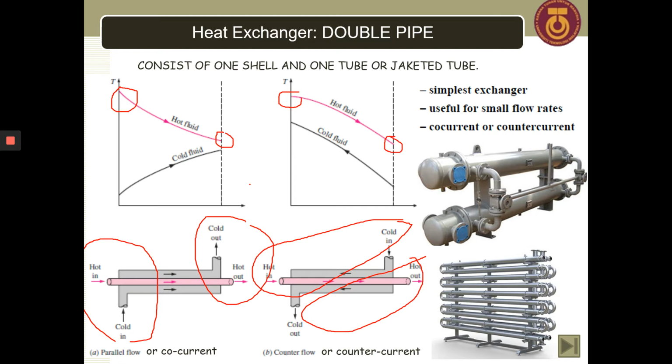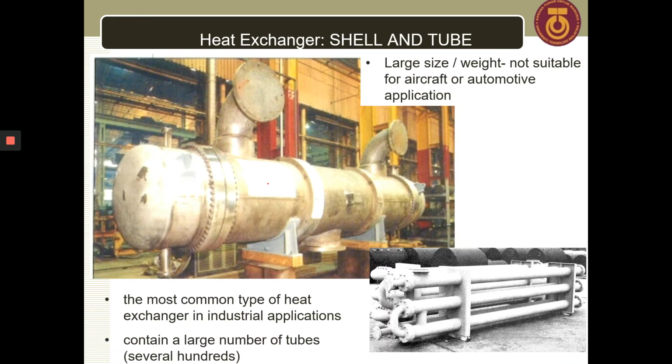It is also actually a shell and tube heat exchanger, and the more complex one is a large size shell and tube. Inside there is more than one tube. The shell and tube heat exchanger is not suitable for aircraft or automotive application because of its large size.